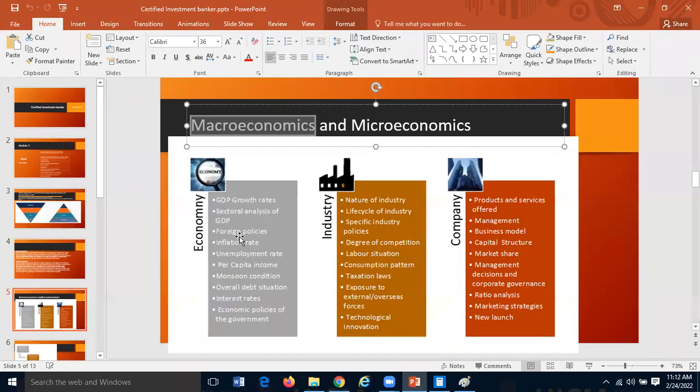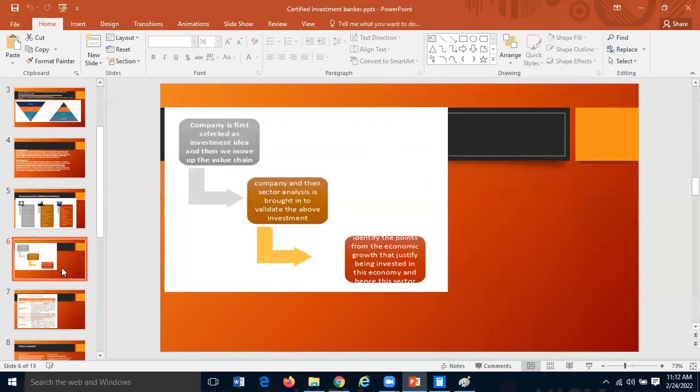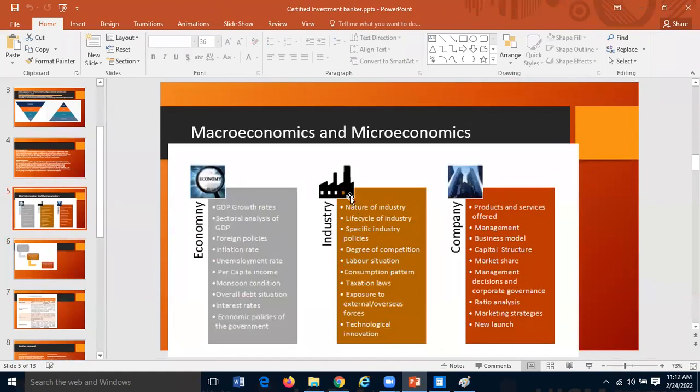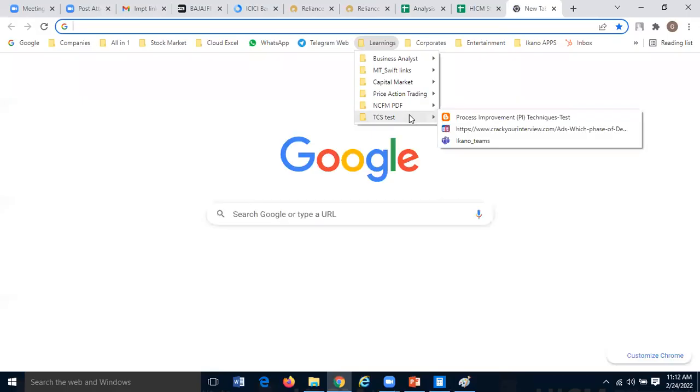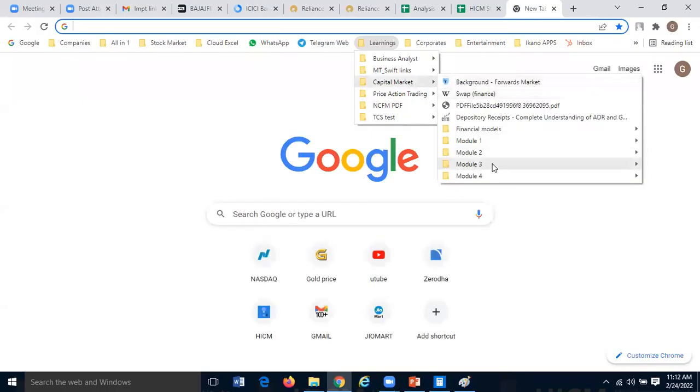And the foreign policies, inflation rate, unemployment rate, per capita and so on. You can see all these things in the economic sector, and then we will go to the industry-wise. In industry, we will see which kind of industry it is and the life cycle of the industry. There is a beautiful chart. I hope you have read this one.